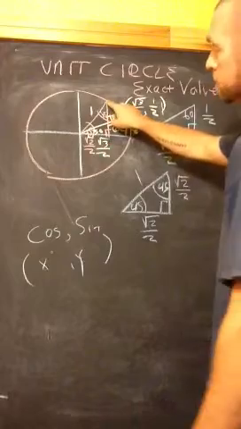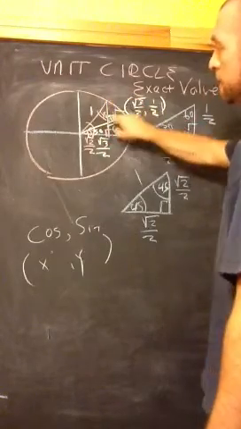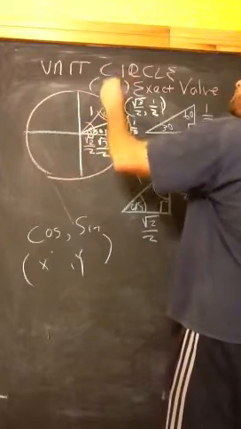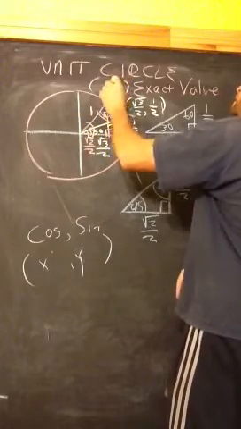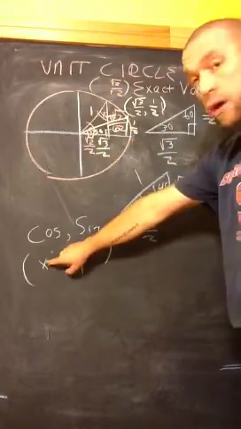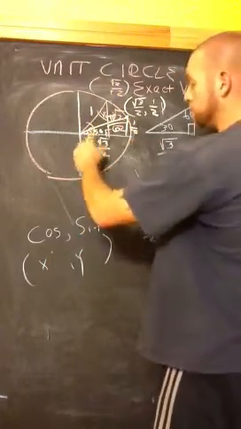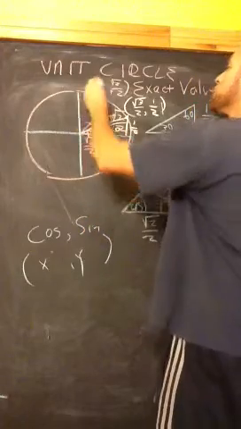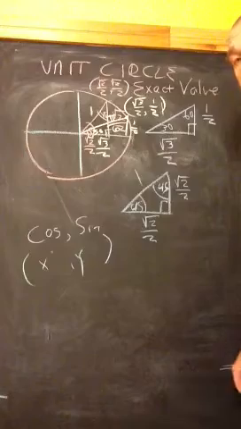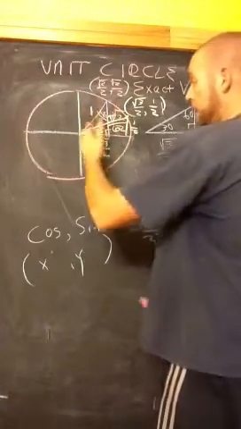So right here, if I ask you for the sine, the up and down of 45 degrees, we're going to write √2 over 2. If I ask you for the cosine of 45 degrees, √2 over 2. Okay? Not so bad, huh?